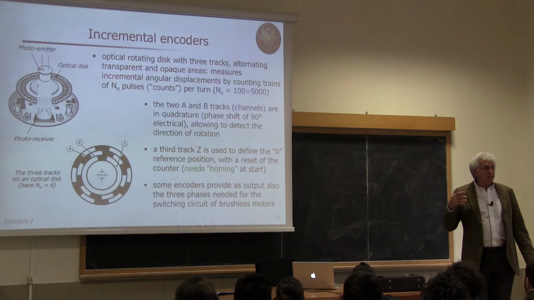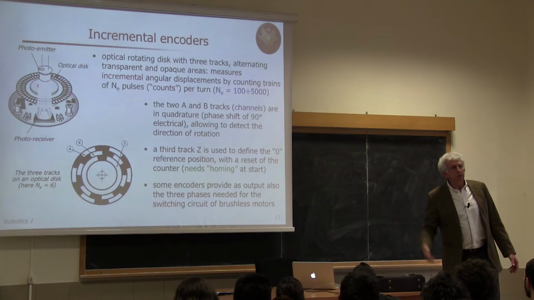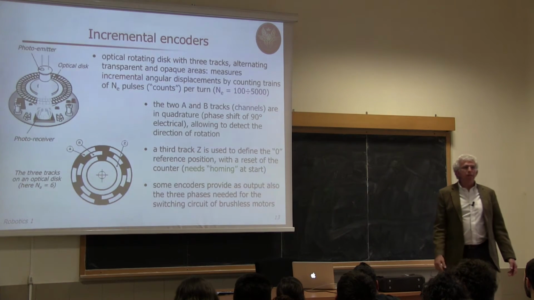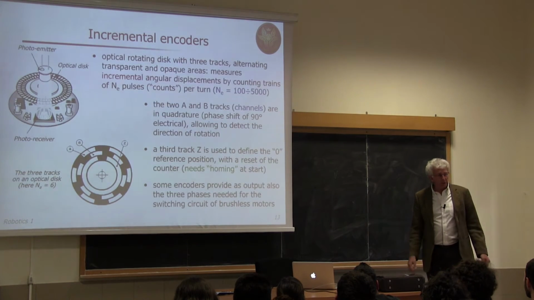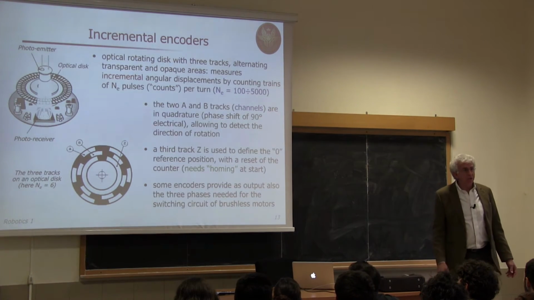The only thing you're interested in is how much rotation the wheel makes in contact with the surface, because this is related to the progression of the vehicle on the ground. So in that case, incremental encoders are the only reasonable solution.